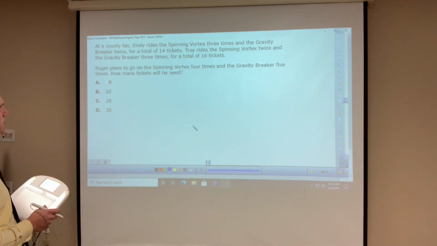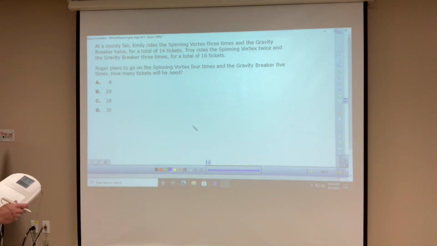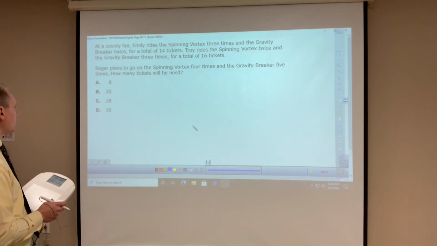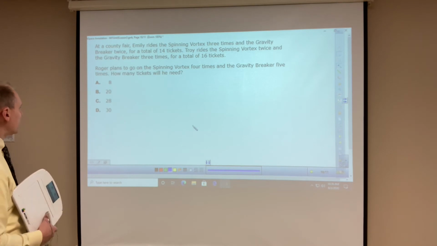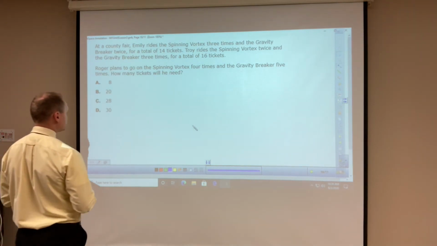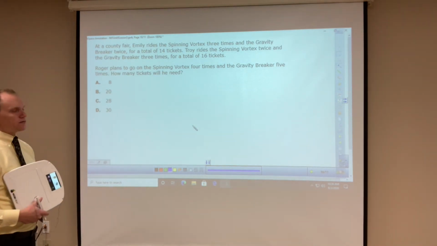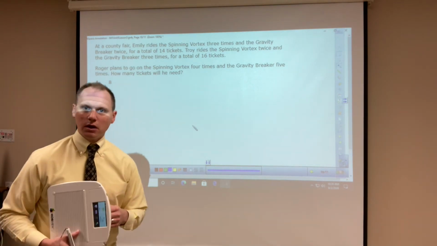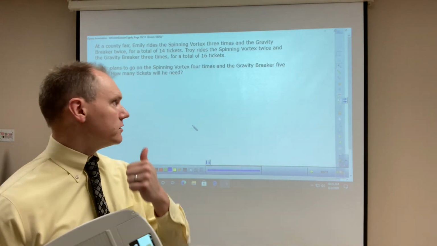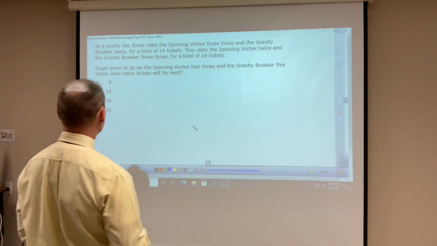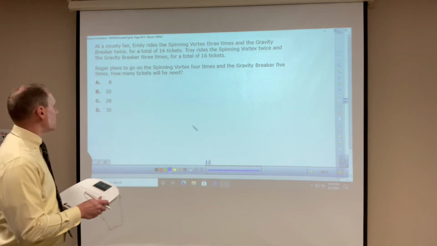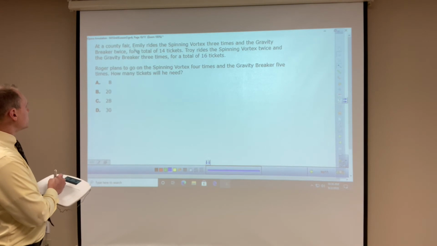Troy rides the spinning vortex twice and the gravity breaker 3 times for a total of 16 tickets. And then it says Roger plans to go on the spinning vortex 4 times and the gravity breaker 5 times. How many tickets will he need? So we need to find out how much each of the spinning vortex tickets cost, and then how many needed for the gravity breaker.